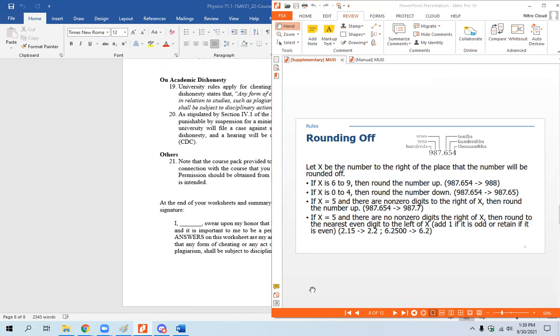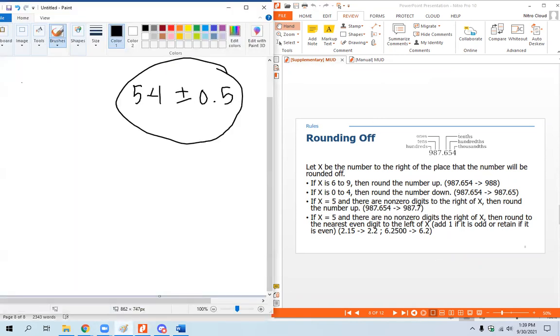Sir, x is to the right of the number. Okay. Teka. X is to the right po of the number that will be rounded off. Yes, but sa example natin, 0.52, dalawa kasi yung significant figures niya, 5 and 2.